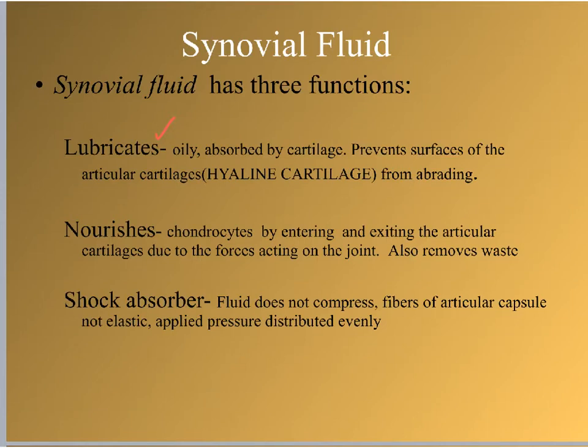So while this isn't as fast or as effective as nourishing other tissues with vascularization, it does get the job done. These chondrocytes in cartilage have a really slow metabolism, but they're still living cells, so they still need to have nutrients brought to them and waste removed.